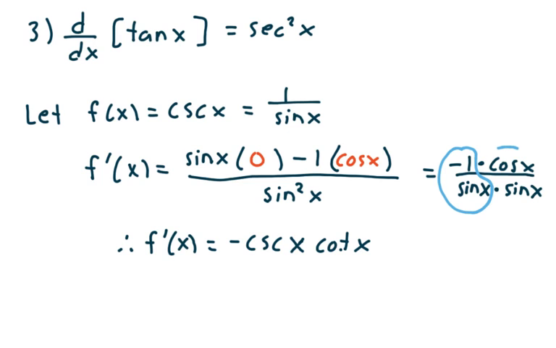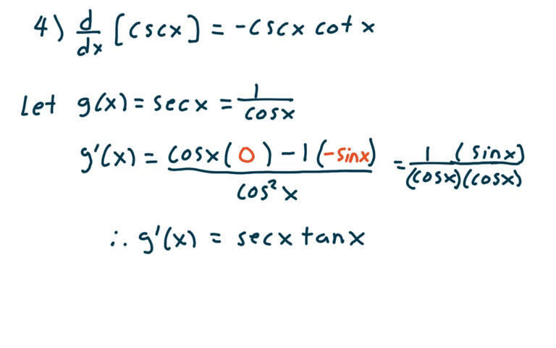And then cosine x divided by sine x is equal to cotangent x. And so f prime of x is equal to negative cosecant x cotangent x. And that's going to lead us to rule number 4. And that says the derivative of cosecant x with respect to x is equal to negative cosecant x cotangent x.